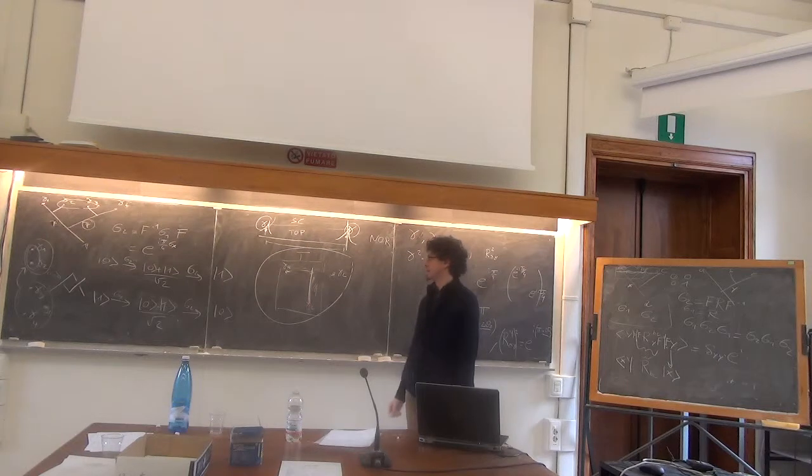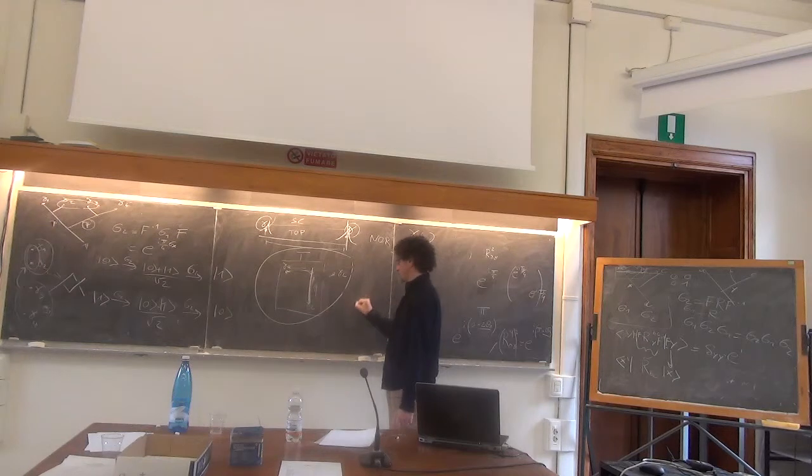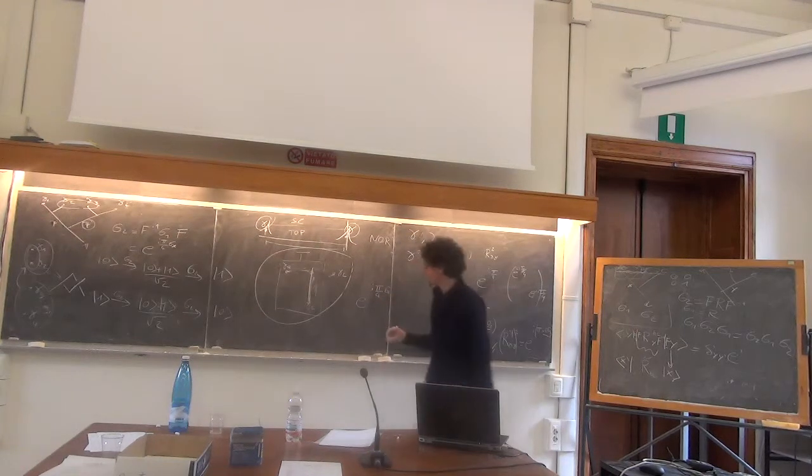And the result can be calculated through a parametric computation or other interesting tricks, and you obtain that the result of this process is exactly this e to the i pi over 4 Z that we were considering before, up to some phases that you cannot really control.